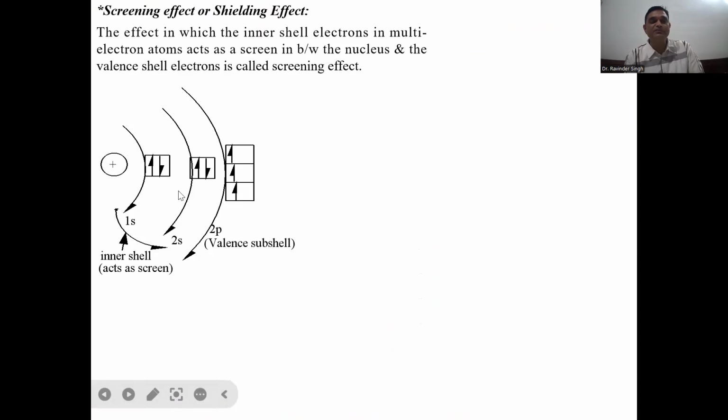These intervening electrons act as a screen, act as a barrier, which decreases the interaction between the nucleus and the valence shell electron. So that effect in which these inner shell electrons in a multi-electron atom act as a screen between the nucleus and the valence electrons is called the screening effect, or you can say the shielding effect, right?